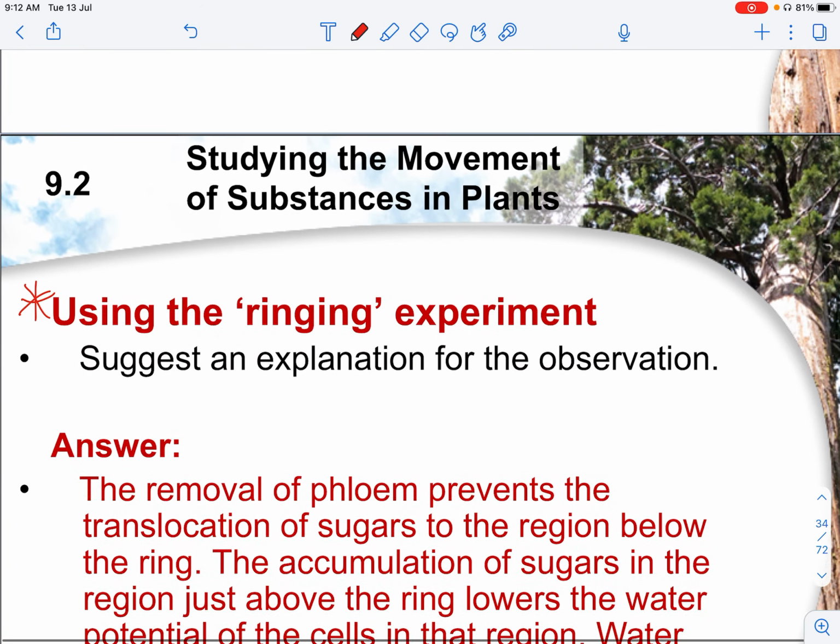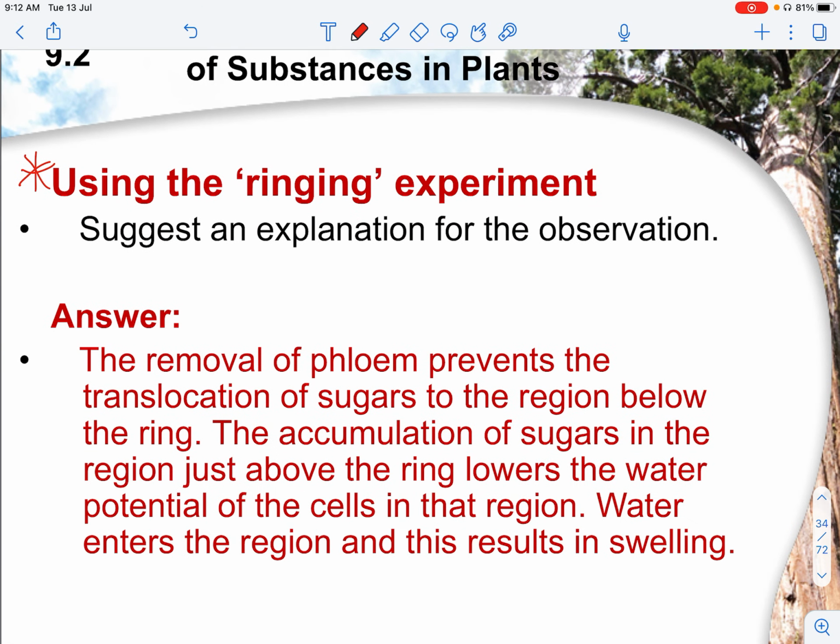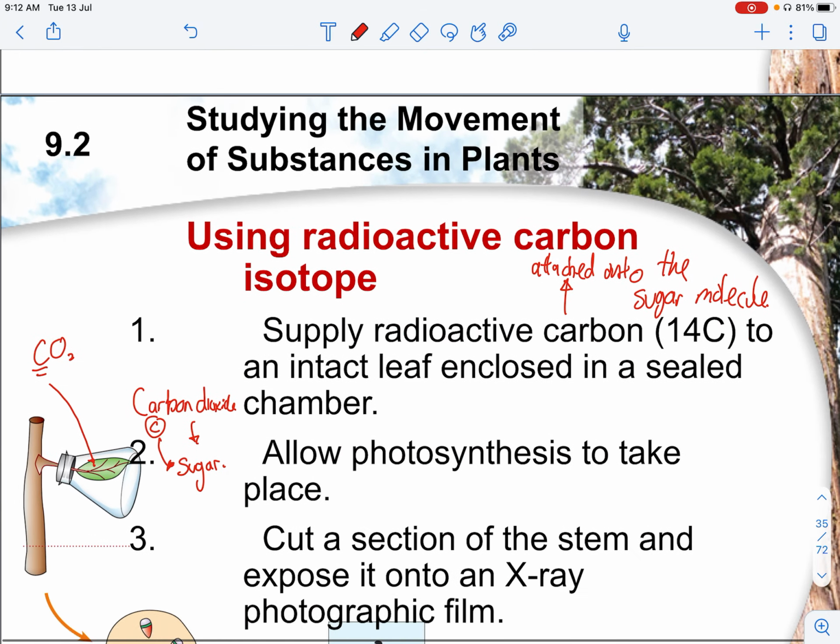That is because the removal of the phloem prevents the translocation of sugar to the region below the ring. The accumulation of sugar above the ring lowers the water potential in the region, allowing water to enter, resulting in the swelling.